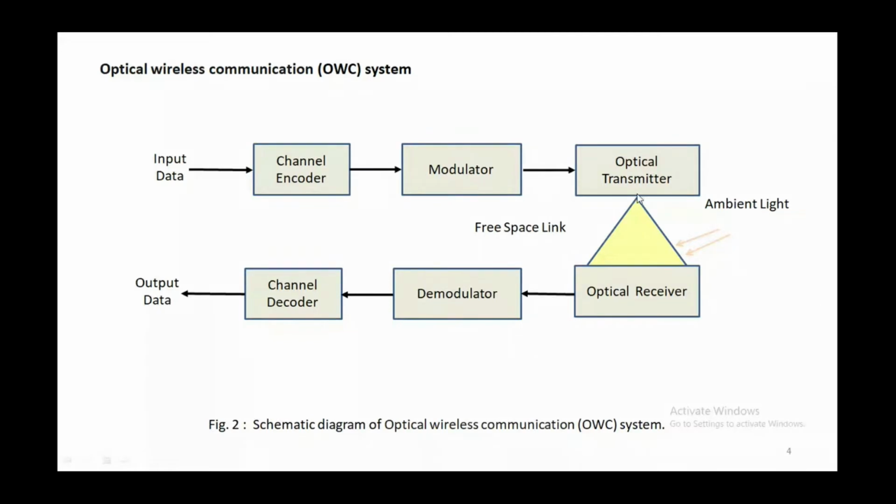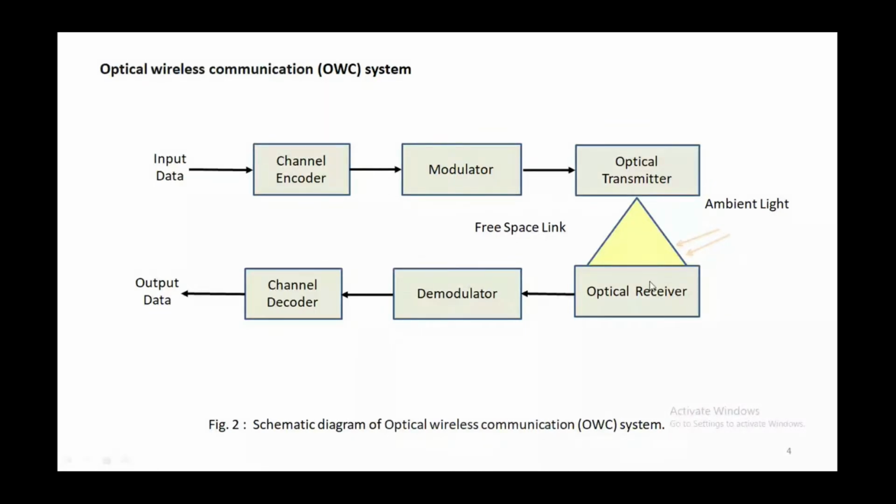So we have one channel or one medium, that is a free space link, which may be free space or a room environment, air environment, like that. Here we transmit our data in the form of light, and this information can be influenced by ambient light. Here ambient light, or outside light, is just like noise for our transmitted data.